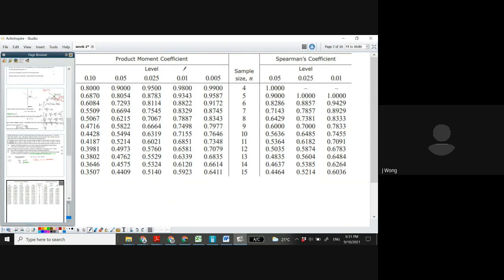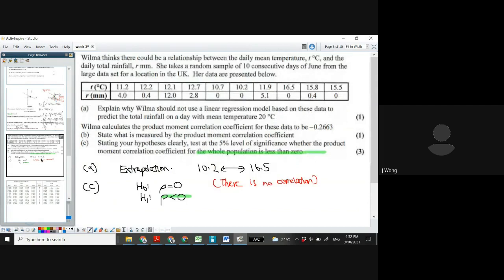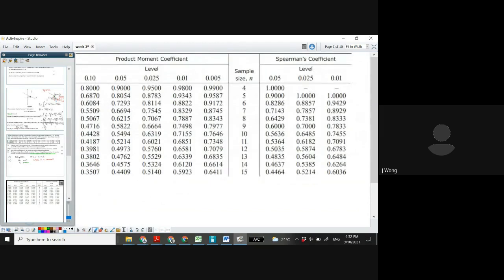Notice that there are two variables here: the significance level on the left, and on the right, the sample size. In order to make use of this table, we need to know the significance level, in this case 5%, and the total number of data, so there are 10. So the number that we're looking for is 0.5494 from the table.